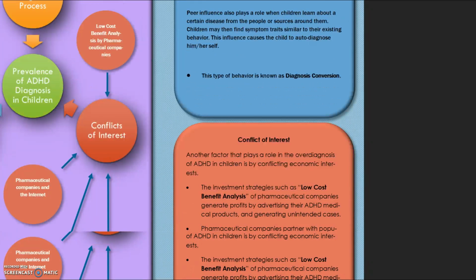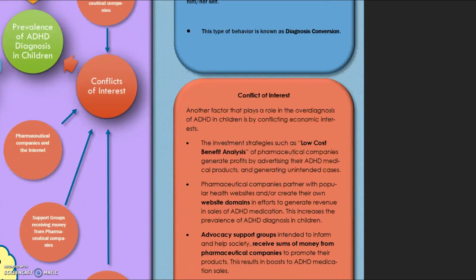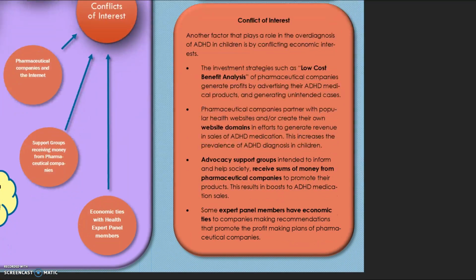Finally, we're going to go over this real quick. This is conflicts of interest. Okay? So this has to do with big pharmaceutical companies. The investment strategies of low-cost benefit analysis of pharmaceutical companies generate profits by advertising their ADHD medical products and generating unintended causes.